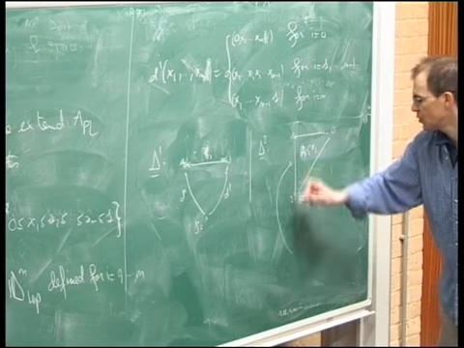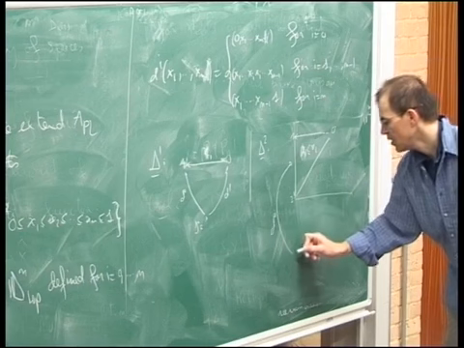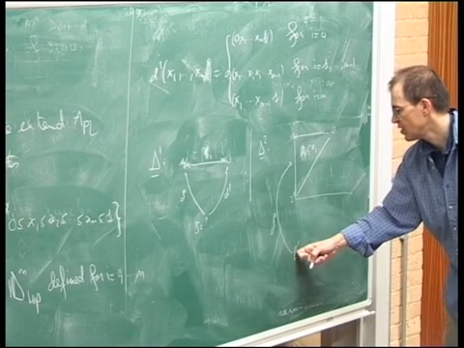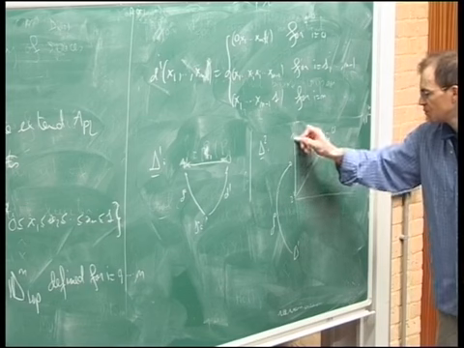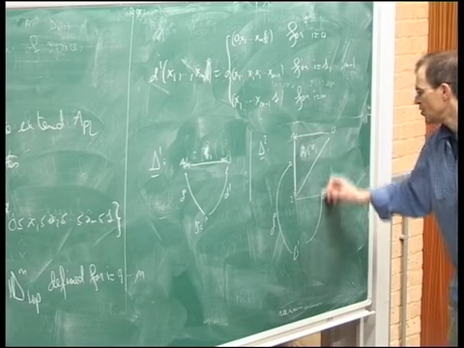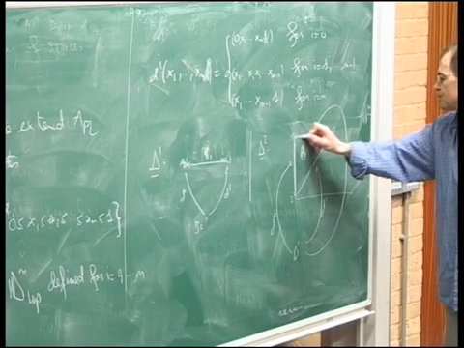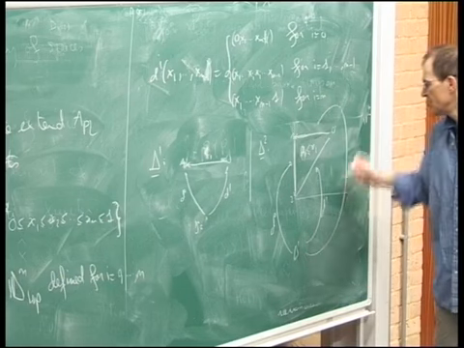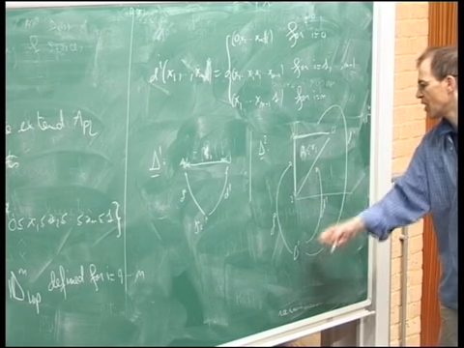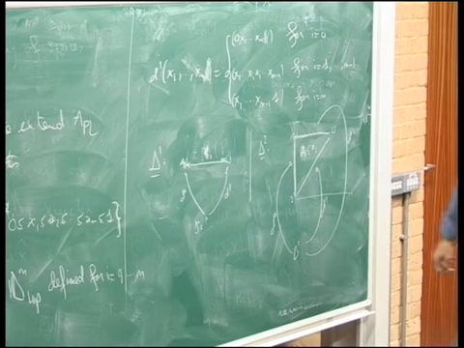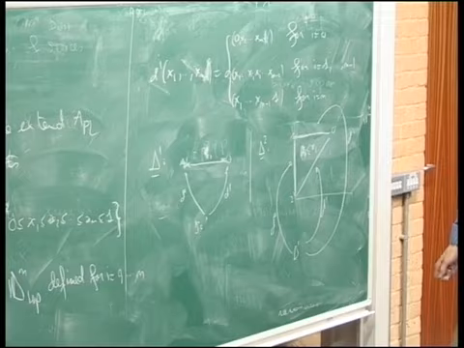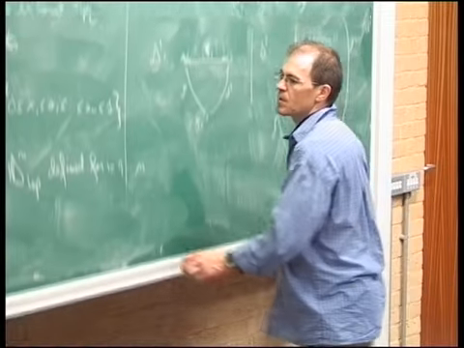And this d0 embeds, identifies delta 1 with this boundary, d1 with this boundary, and d2 identifies delta 1 with this space.